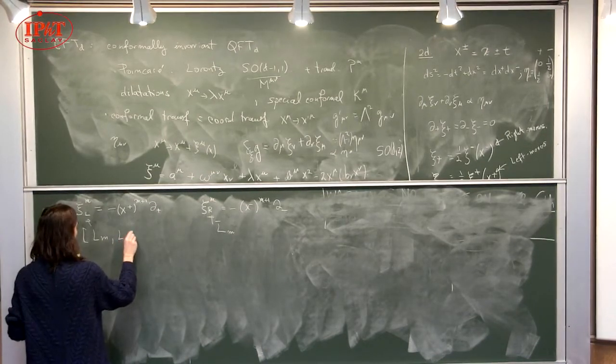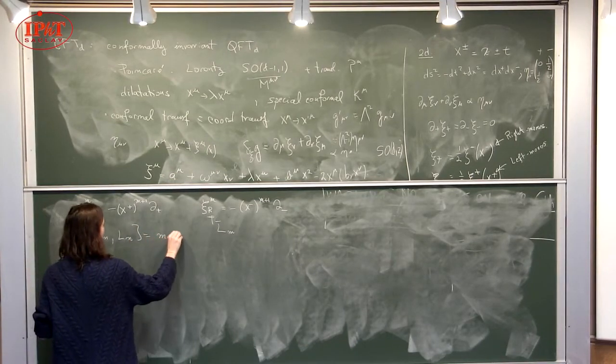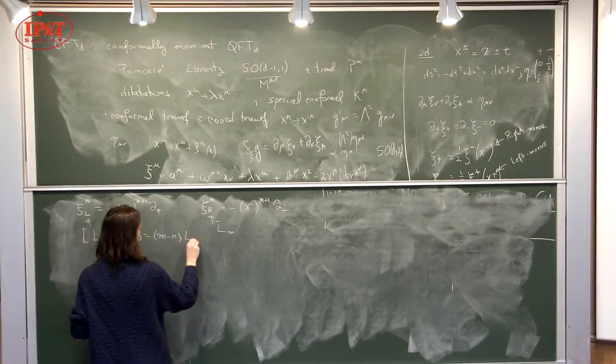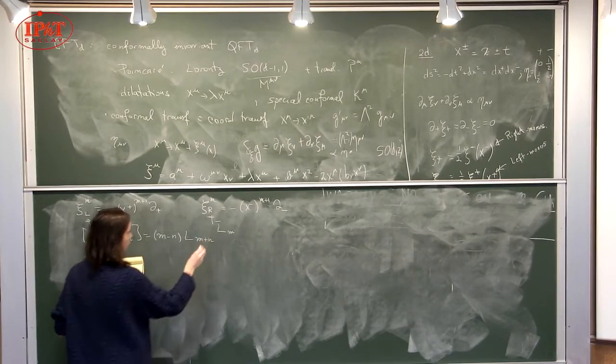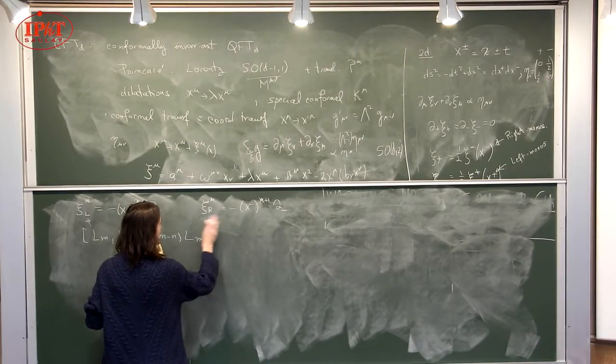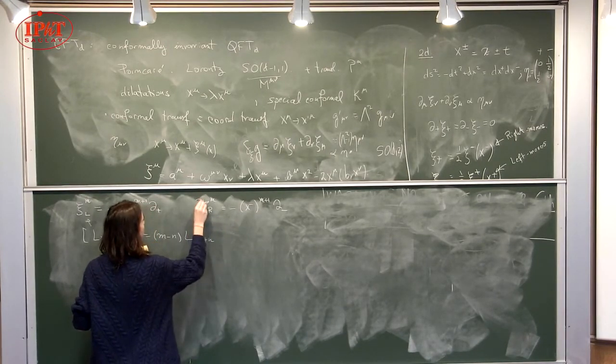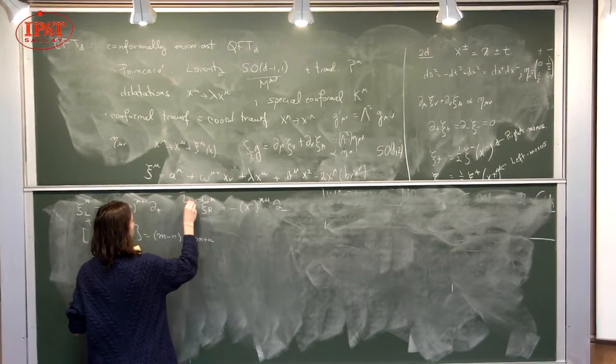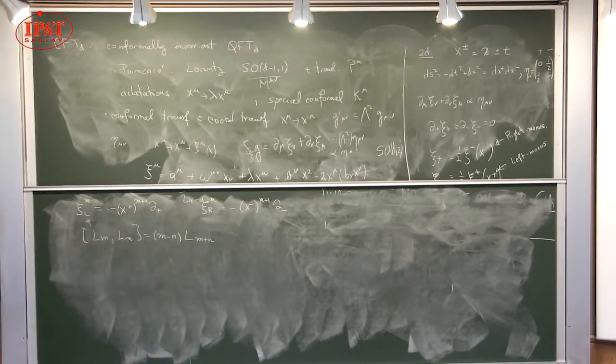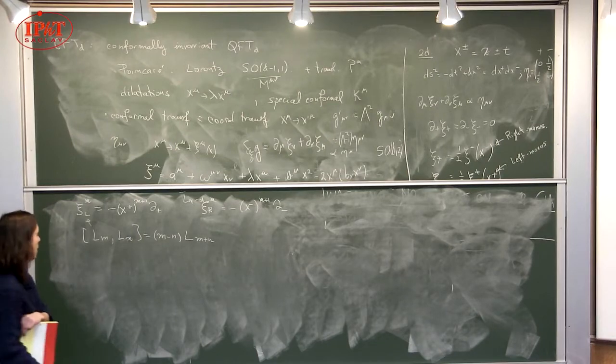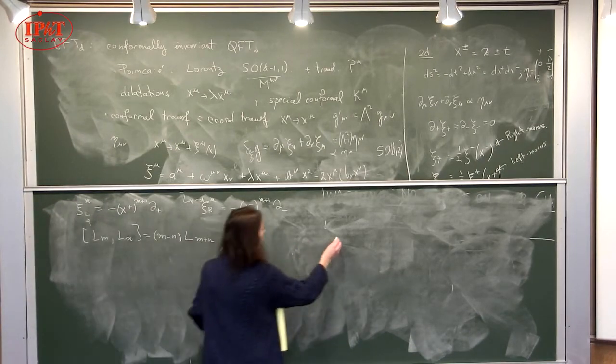So you find something like Lm with Ln is m minus n, Lm plus n. And sorry, I have to erase this because also these guys correspond to L bar. Okay? So this algebra is known as the Witt algebra.